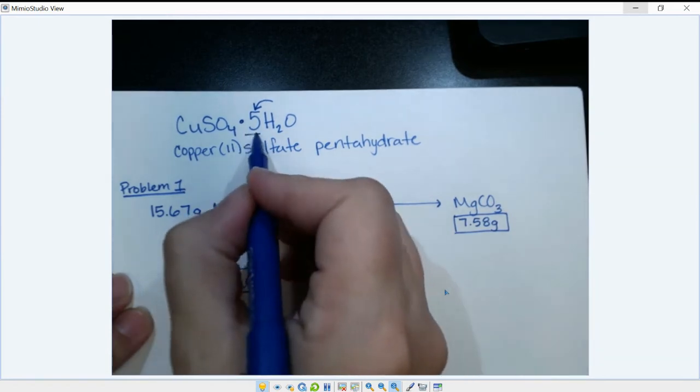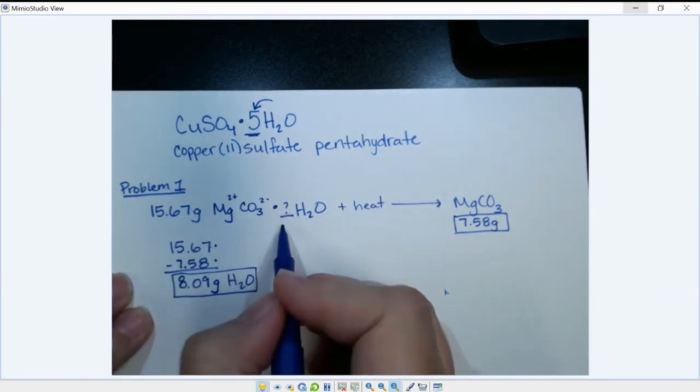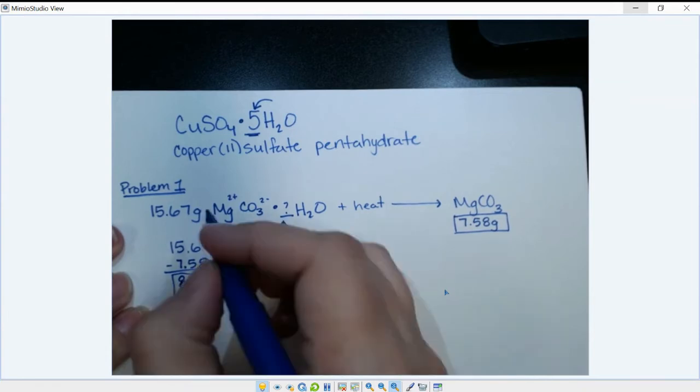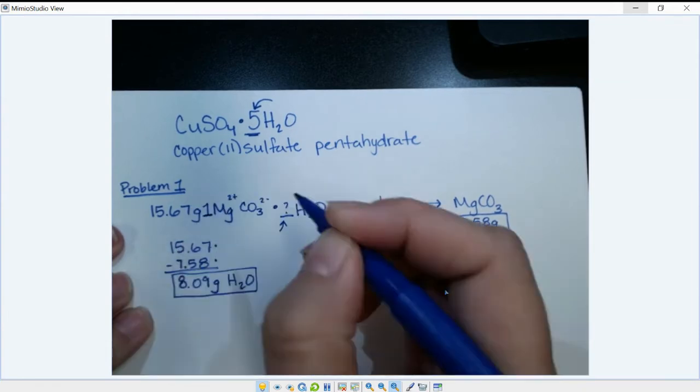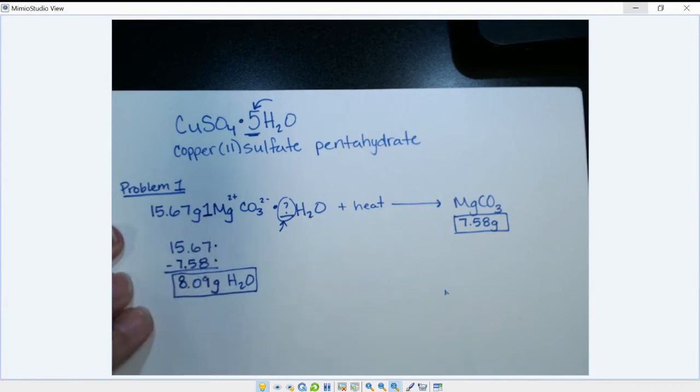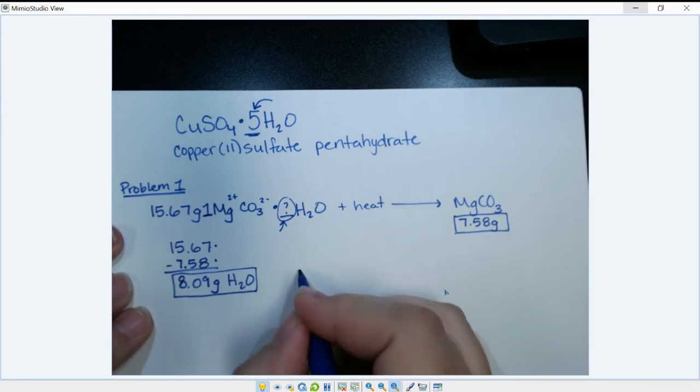Those are the two important pieces of information, because the number we're trying to find is simply a mole ratio. If this is a 1, what is the ratio of H2O for every one of those? So we're going to convert everything into moles. The first thing I'm going to convert is the magnesium carbonate.